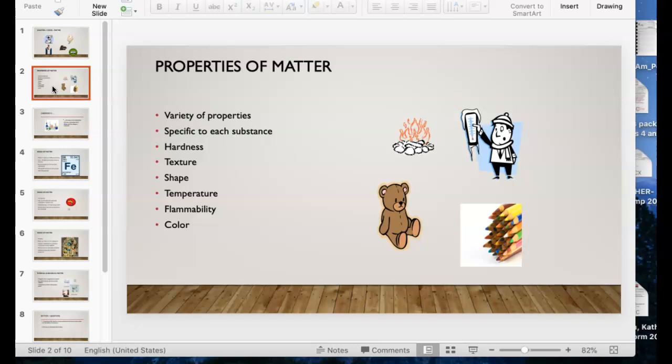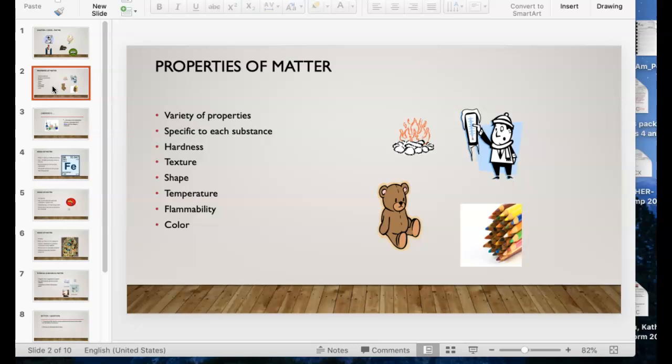There are 6 specific properties to identify something physically. So you have the hardness, the texture, the shape, the temperature, the flammability, and color. So if you look at any of those items that I have to the right on the screen, such as the teddy bear, you can describe it by its shape, the color. There could be a brown bear, a black bear, a rainbow bear.